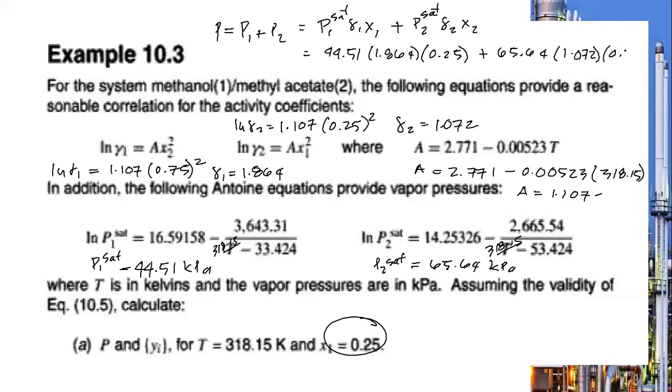Tapos 0.75. Okay lang? Yep, that's correct. 73.5. That's correct. You should get something like 73.5 kPa. Very good. See?